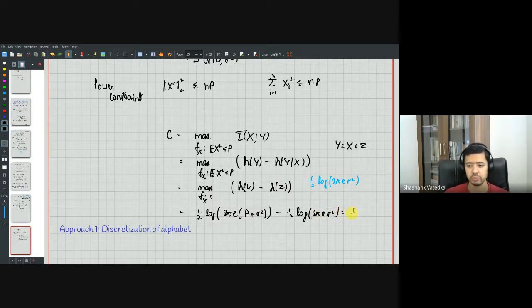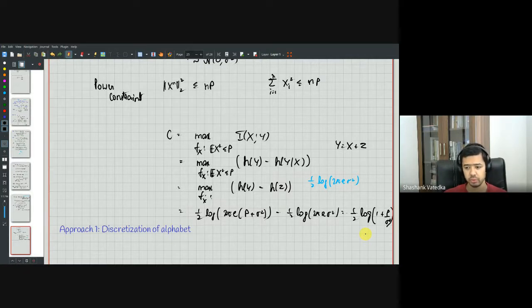So this is equal to the expression that you're all familiar with, which is half log of 1 plus P over sigma squared. All right. So this is the capacity of the AWGN channel.